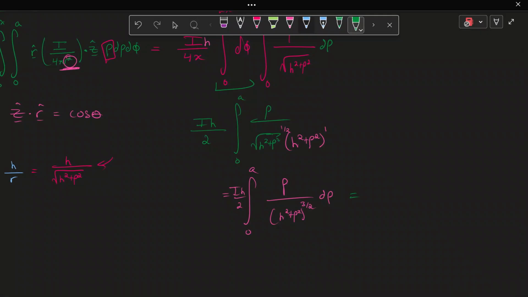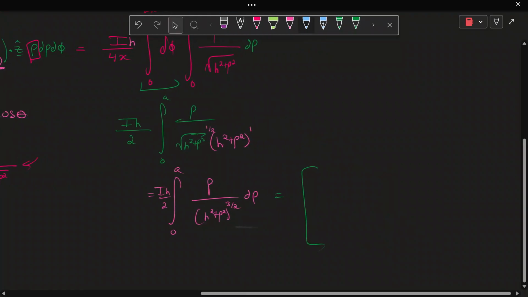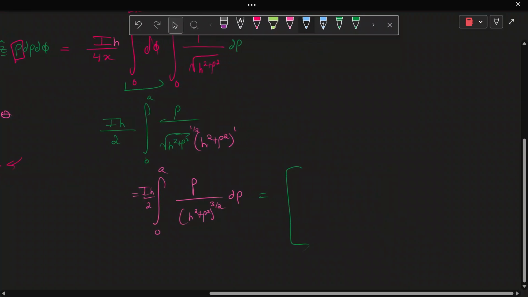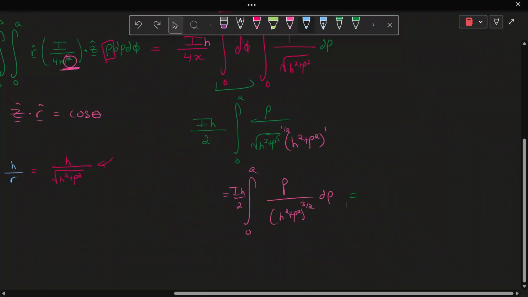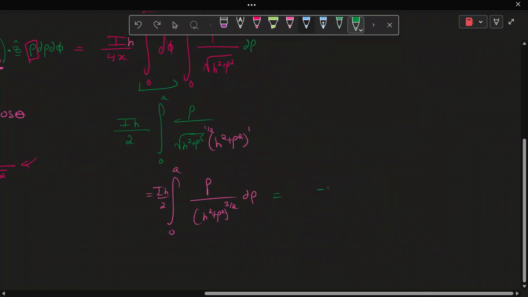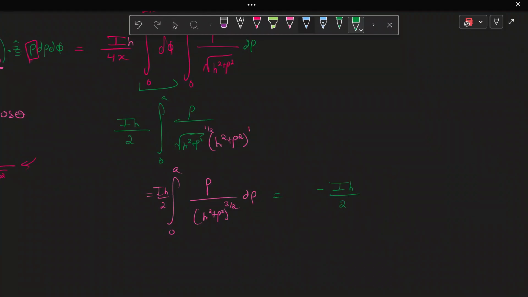It's just something you can look up. I'd recommend looking at past exams and putting down that crib sheet, unless I think he's actually posted a crib sheet on Canvas. If he hasn't, make sure to do stuff like this. Anyways, I'm going to skip a lot of steps here because this is a table of integrals.